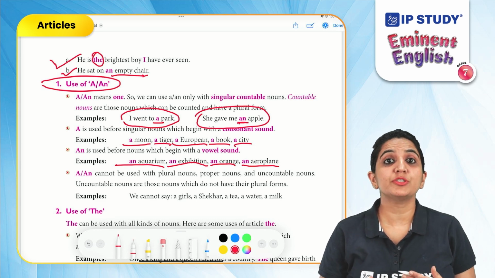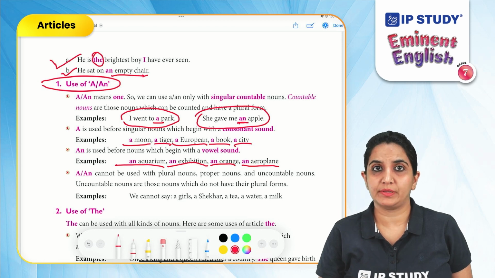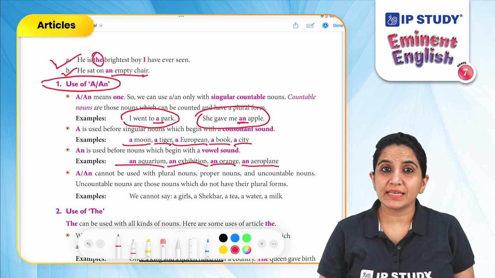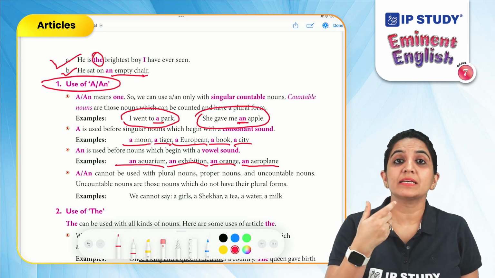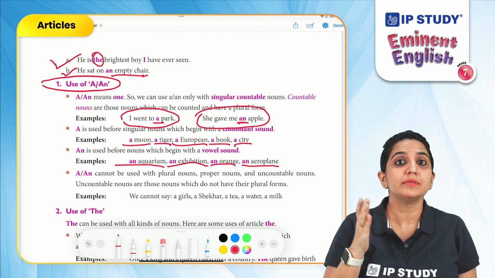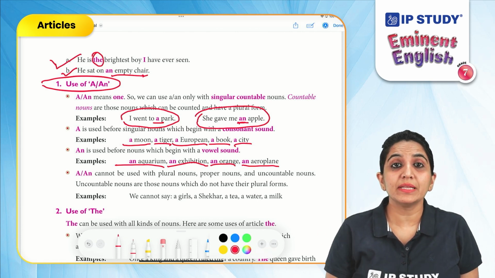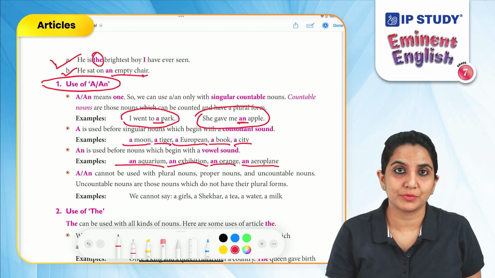Exactly, because they do not have a vowel sound like European and university. All of these have the sound of a consonant Y, but not a vowel sound. Therefore, we use article an with words starting with a vowel sound.